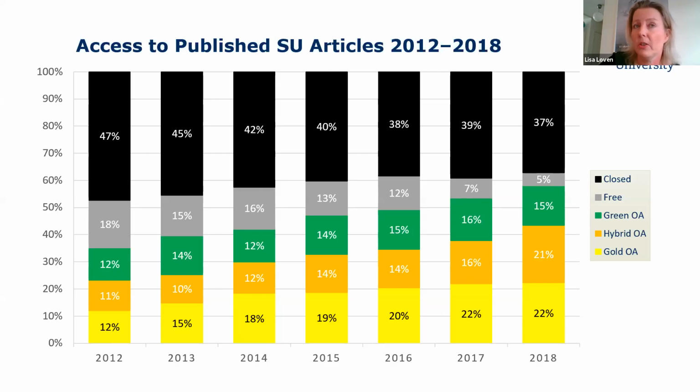APC, you know, article processing charge that you usually have to pay if you want to publish your article open access. And not the least, we check who financed all these articles. Was it the university or maybe one of our research funders, like the Swedish Research Council?